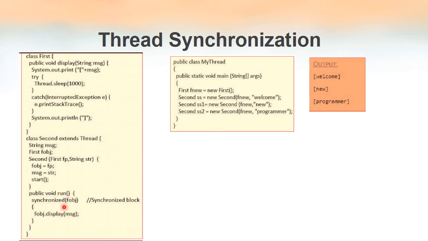Since the keyword synchronized is used, the threads will have to wait if it is being used by another thread. So again we'll get the correct output, even though the order in which the words appear may be different when you run the program. It may differ depending upon which thread among these three starts working first.